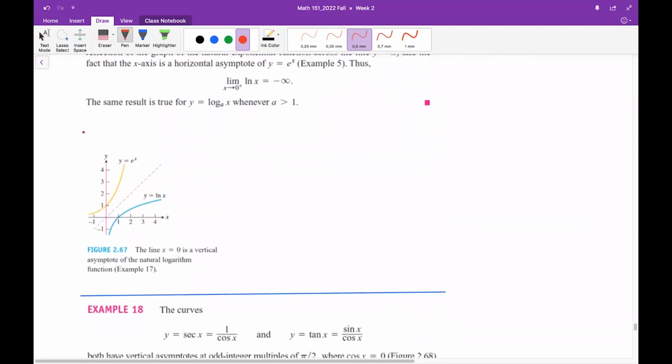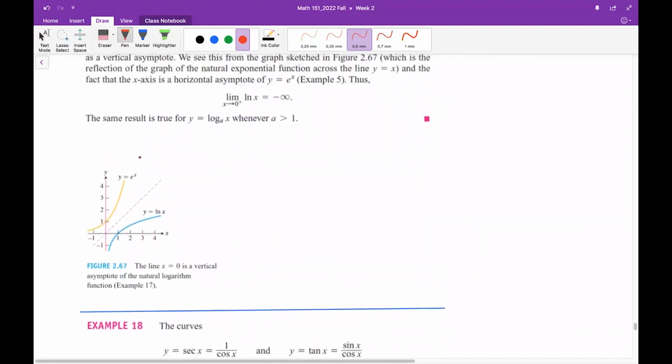So we can also look at this case. y equals ln x is this function. If you look at the limit of this function around 0, the limit of ln x as x goes to 0 from the right, we are looking from this direction and you see the behavior: your function grows too big negatively.